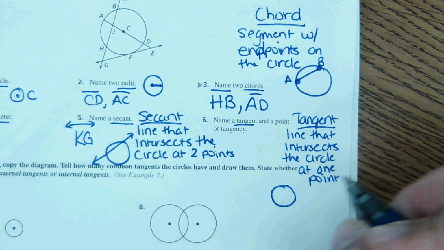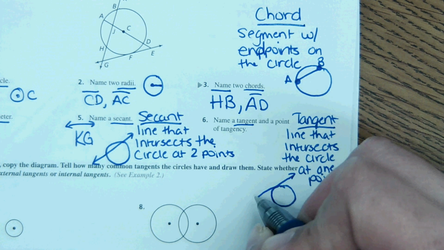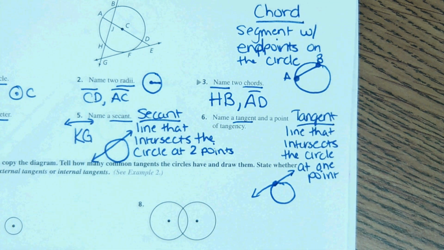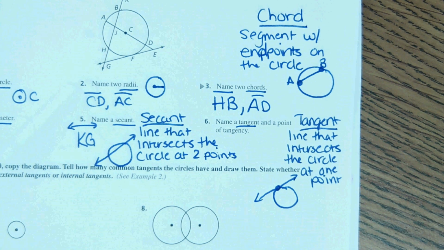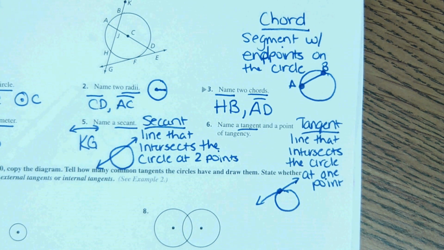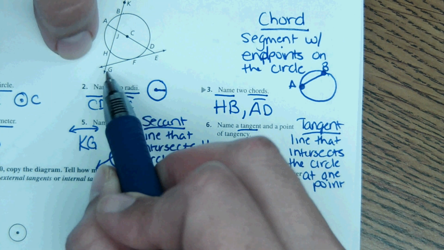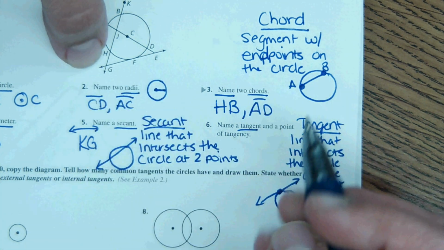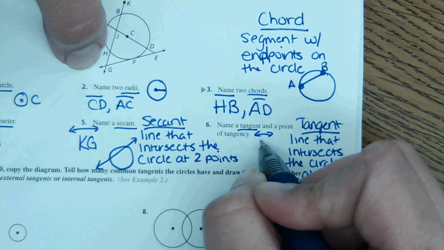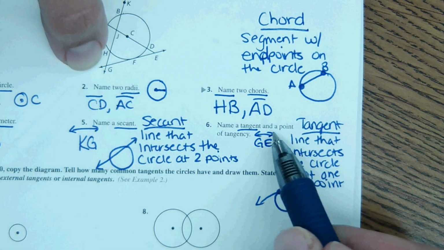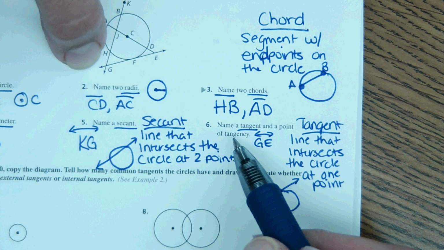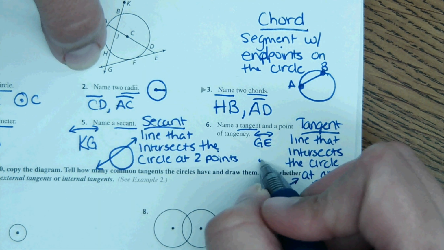So like if you have a circle like this, a tangent line looks like this. It just hits the side at one spot. And then it says name a tangent line and a point of tangency. So the tangent line right here would be line GE. And then the point of tangency, which you may predict, is just where it intersects, which would be point F.